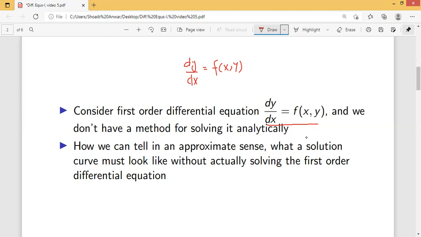And you also know the tangent line to a solution curve in a plane. The slope of a tangent line to a solution curve at a certain point in the plane can be found with the help of derivative, the value of derivative at that point.